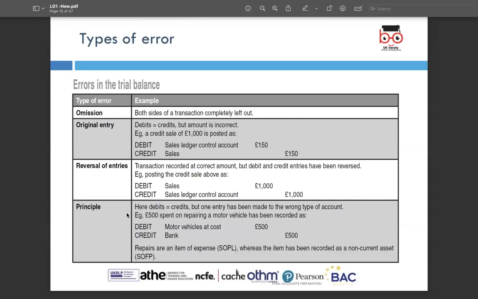For example, recording £500 spent on repairing a motor vehicle as a debit to motor vehicle at cost, a non-current asset, instead of repairs. So these errors impact the accuracy of financial reporting and must be identified and corrected to ensure that the trial balance accurately reflects the financial position of the business.